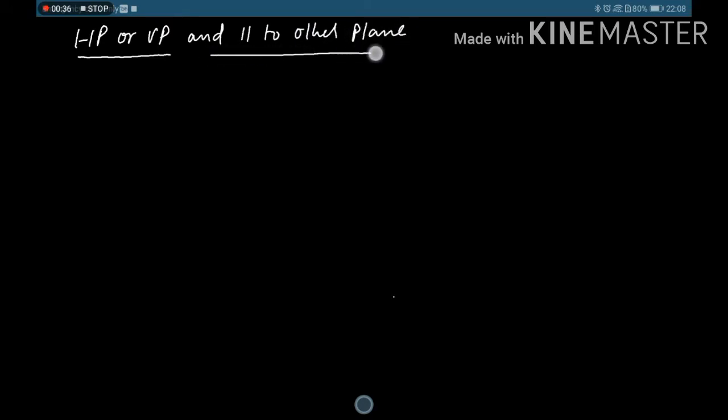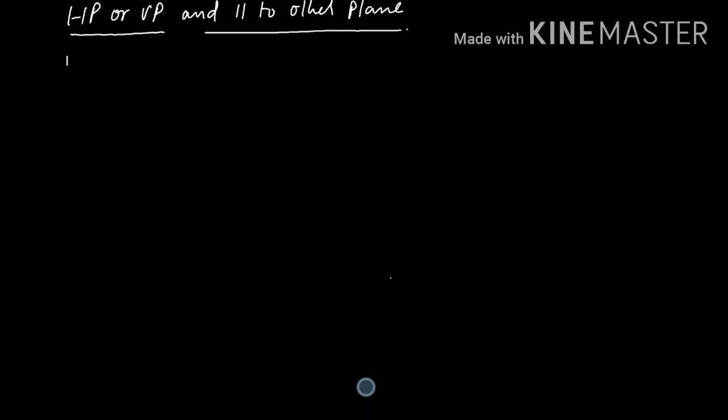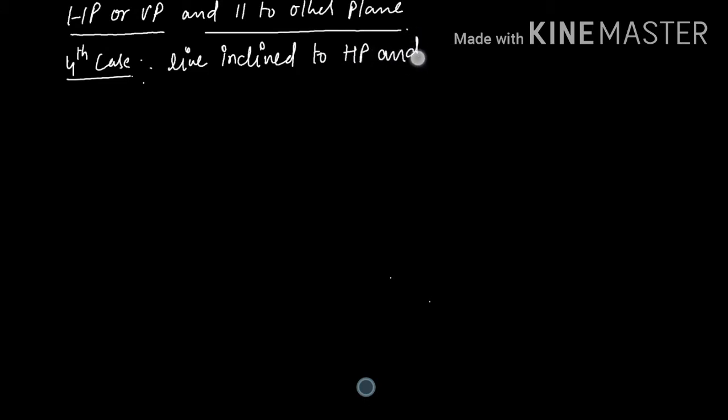Fourth case: line inclined to HP and parallel to VP. So these are the important cases.